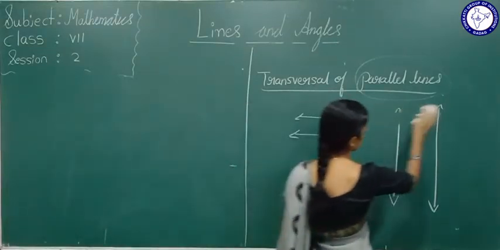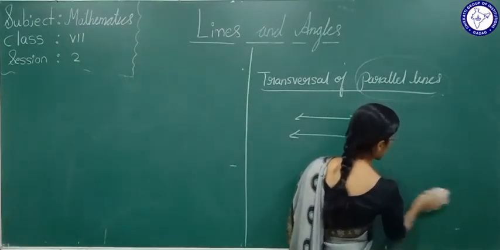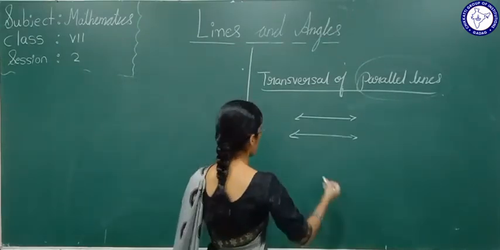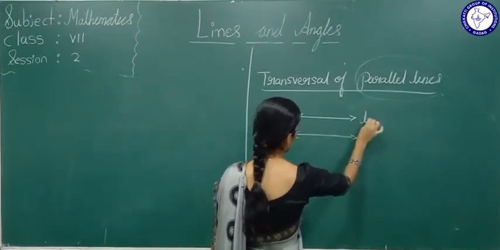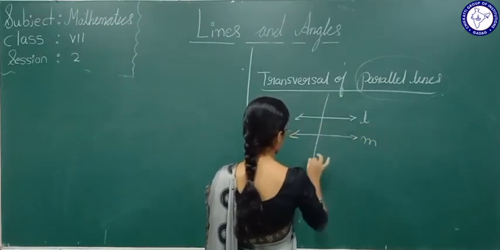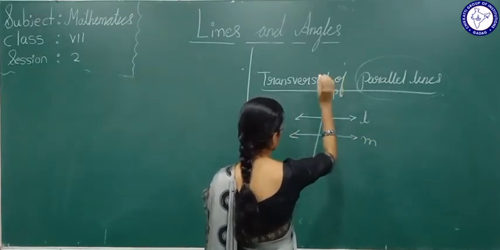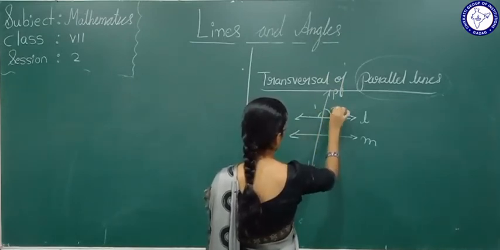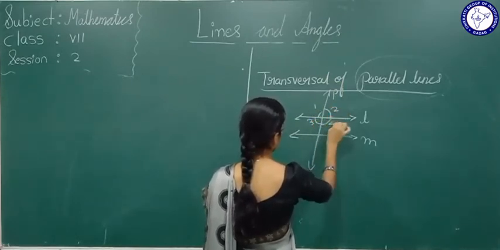Now here two parallel lines are there. This is line L, this is line M, and here P is a transversal. Now we know that here 8 angles are going to form. Yes or no?